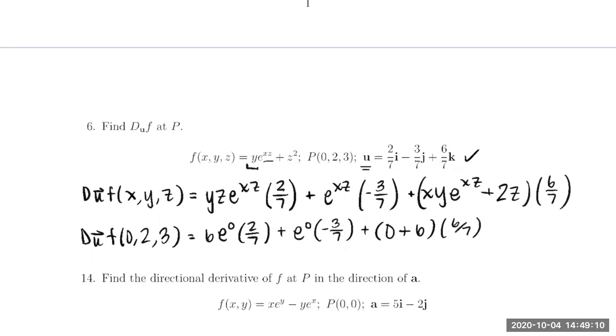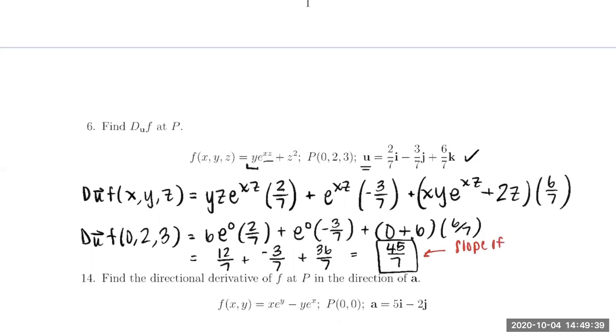All right, so what do we have? We have 12/7 plus -3/7 plus 36/7, which gives me 9 plus 36, which is 45/7.